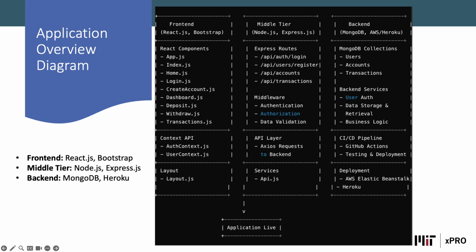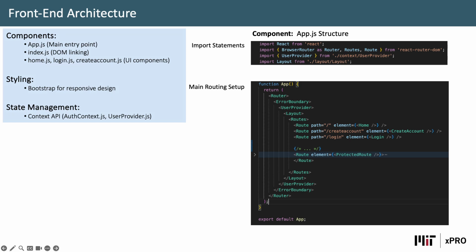The front end of my application is composed of several key React components, including App.js, index.js, Home.js, Login.js, and CreateAccount.js. Each component plays a critical role in rendering the user interface, handling navigation, and managing user inputs.